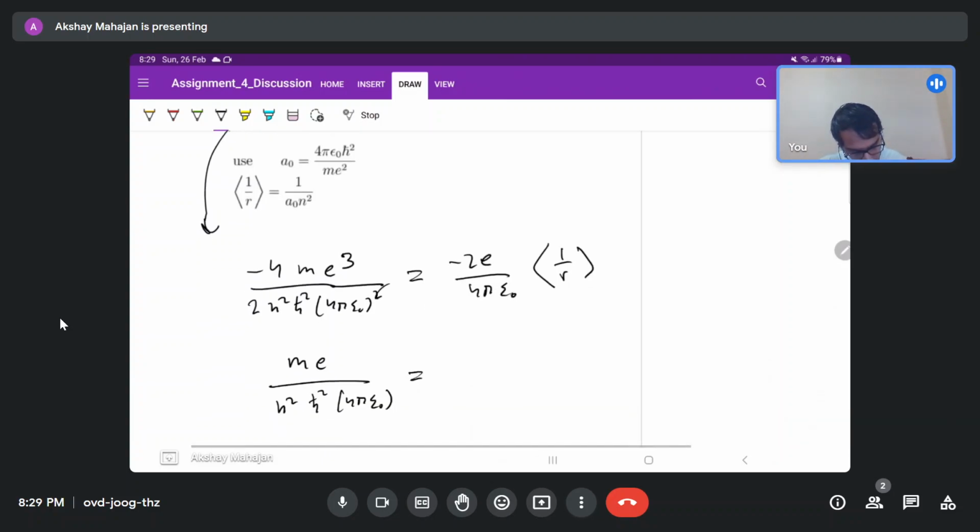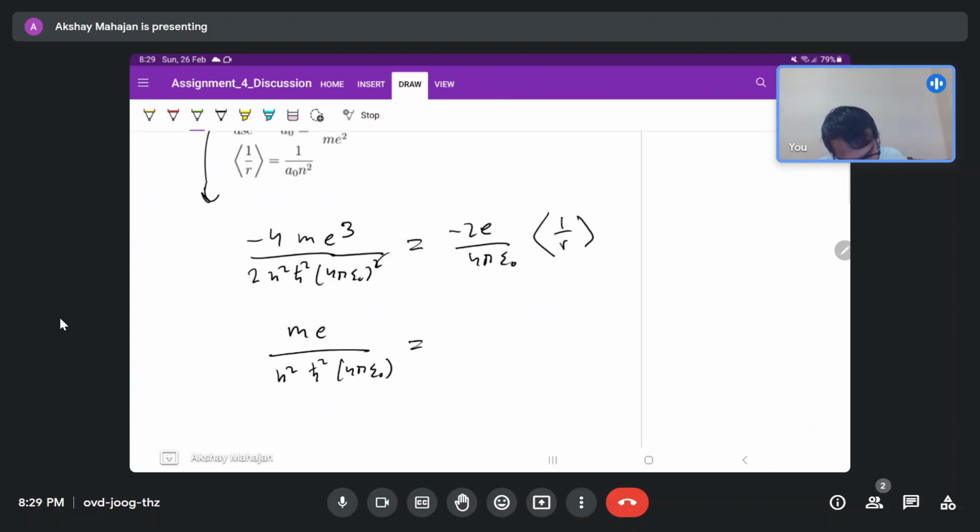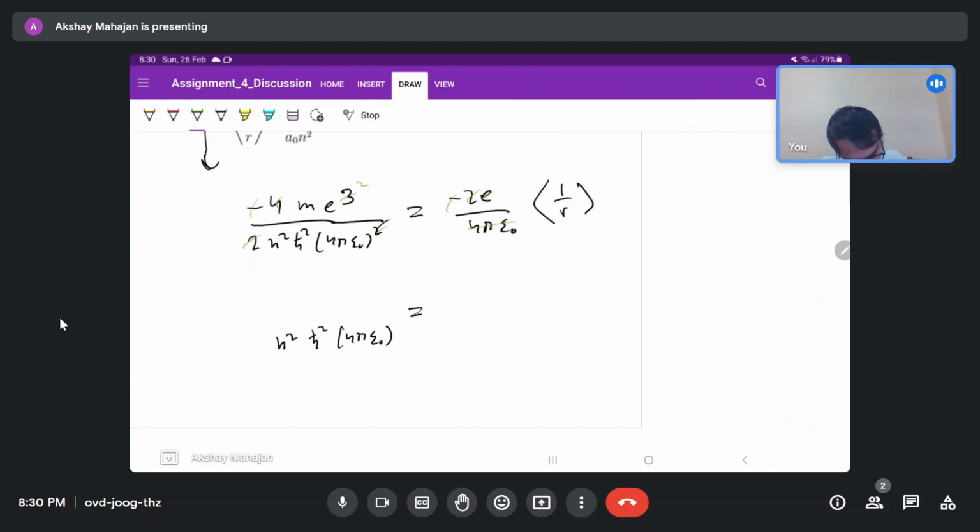All right, and you can do the cancellations. This minus will cancel out, these terms will cancel out, this will become 2, and you can cancel this here. So what we will get here will be just m e squared upon n squared h bar squared 4 pi epsilon naught equals the average of 1 by r.